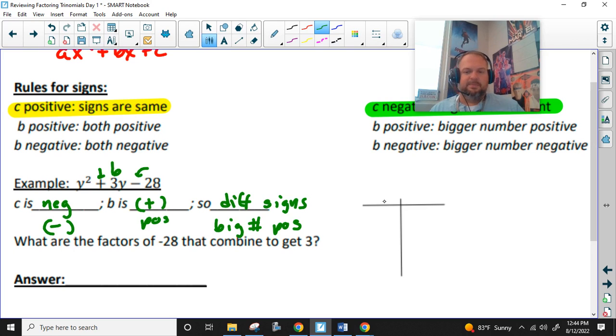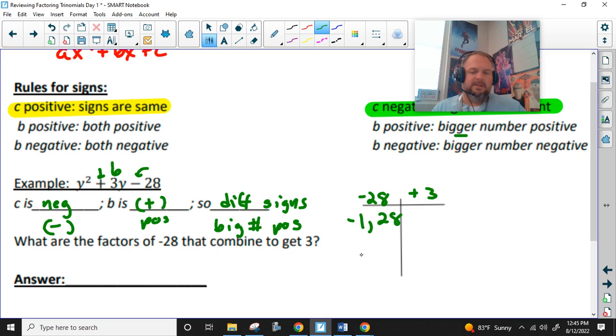So make sure I write the correct numbers this time. Our C term goes here. All right. We know our bigger number is going to be positive because of the rule that we have here. So if I am doing this, I know 1 and 28.